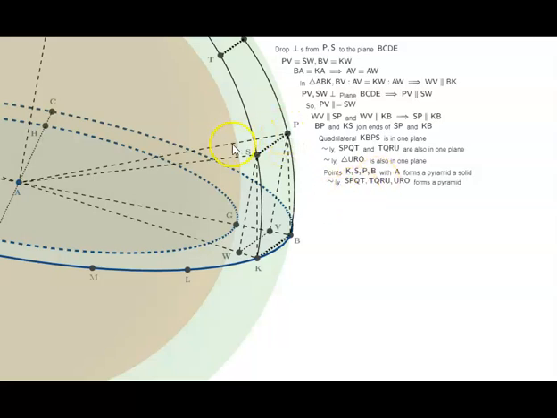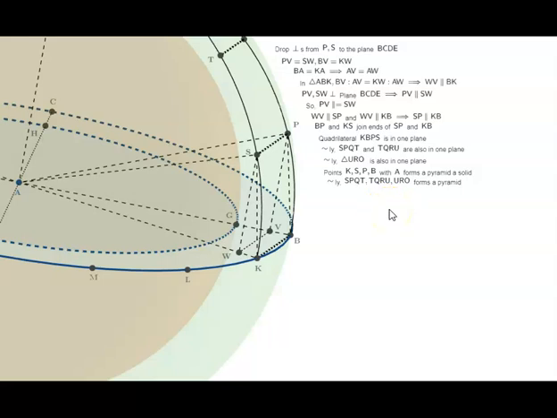Similarly, SPQT, TQRU, URO forms a pyramid. These three form a pyramid with quadrilateral base, whereas the top one forms a pyramid with a triangular base.